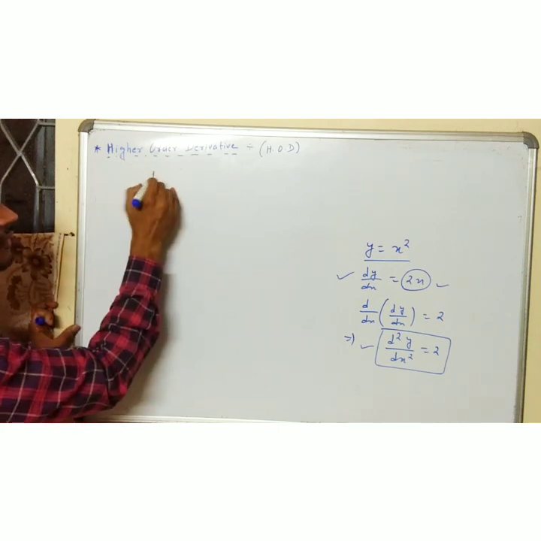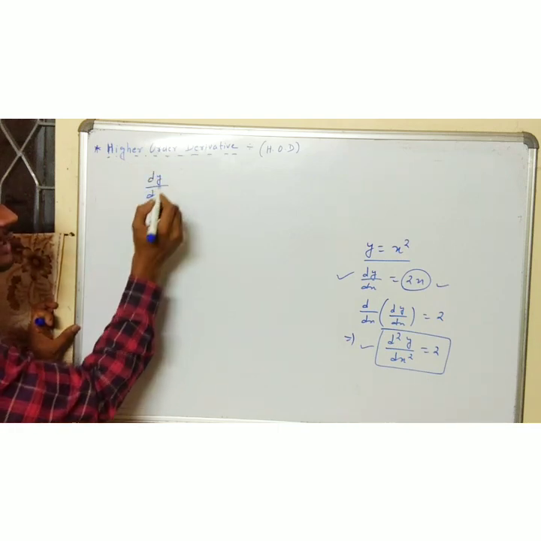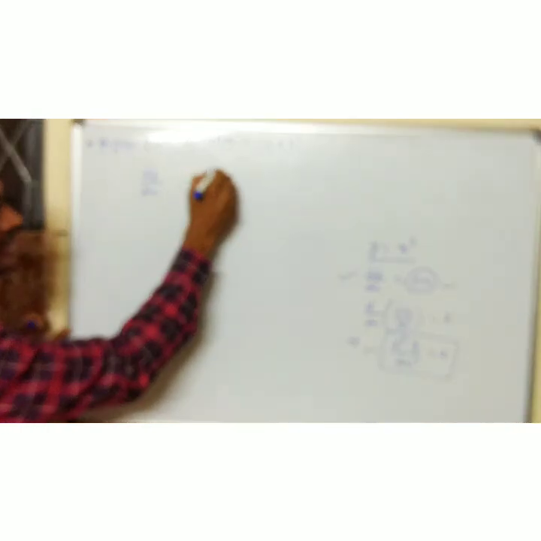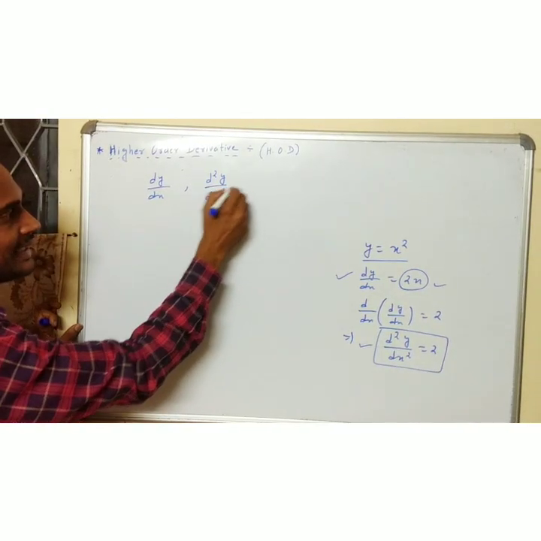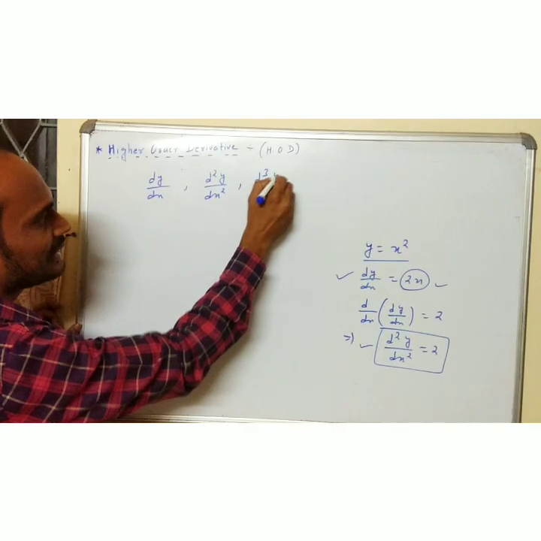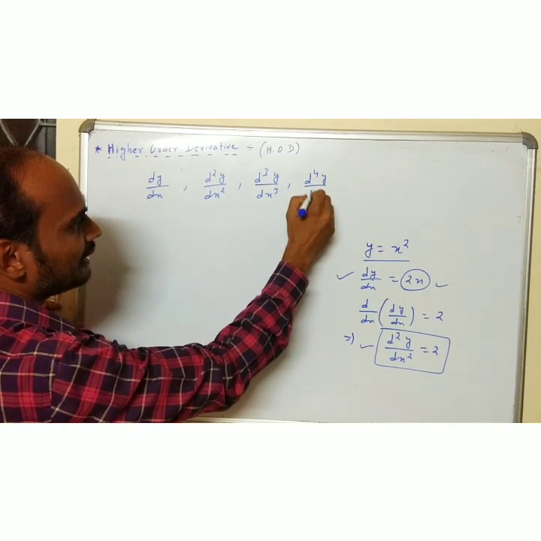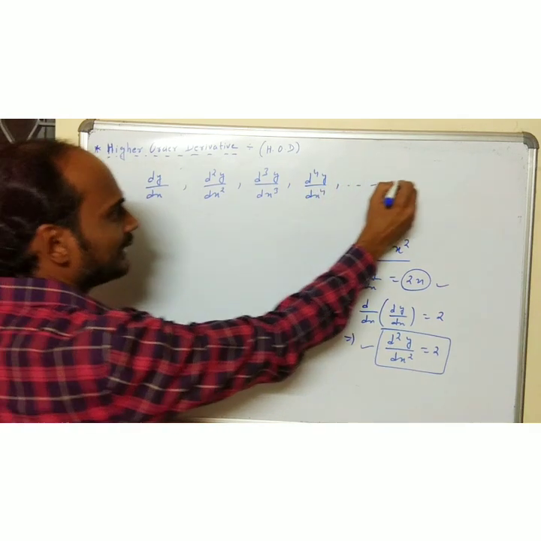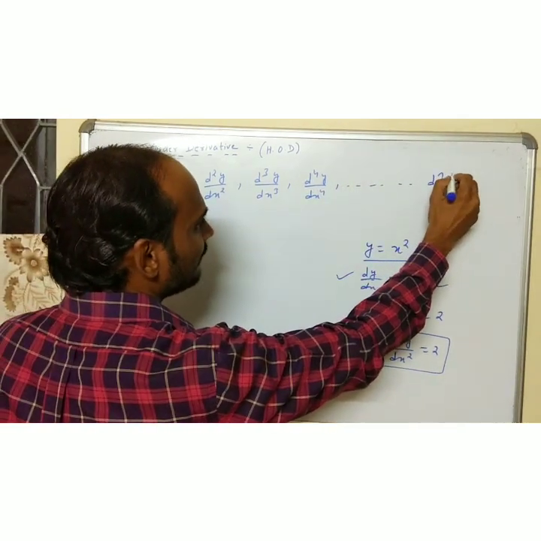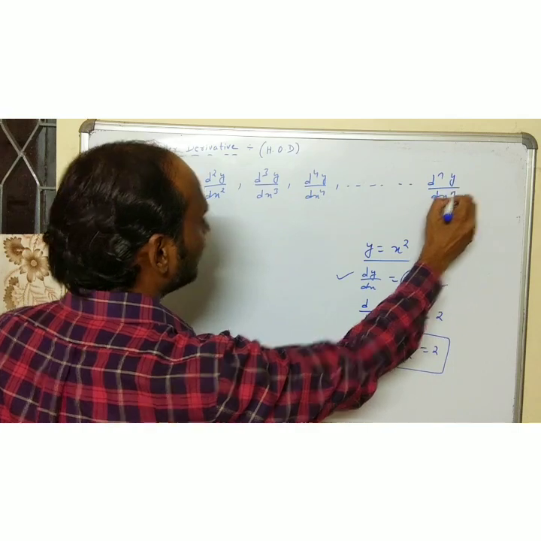The first derivative of a function we denote as dy by dx. The second derivative we denote as d2y by dx square. The third derivative as d3y by dx cube, and the fourth derivative as d4y by dx4, and up to the nth derivative you can write in the same way, dny by dx to the power n. This is one notation.